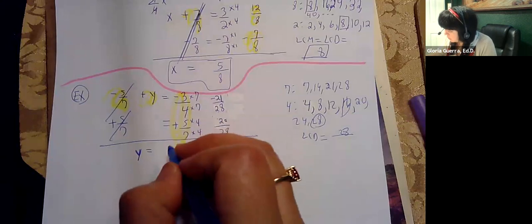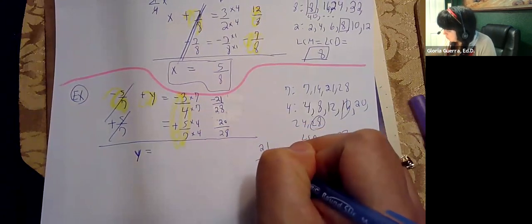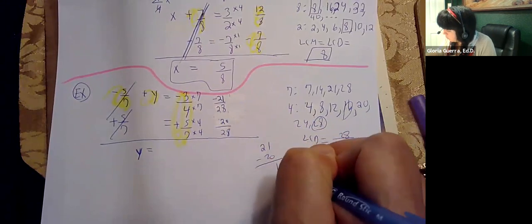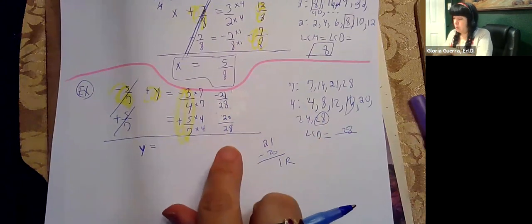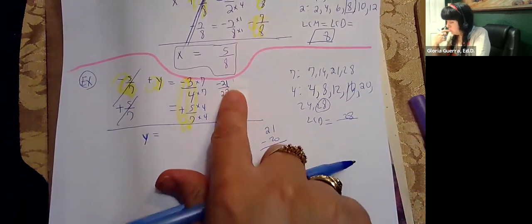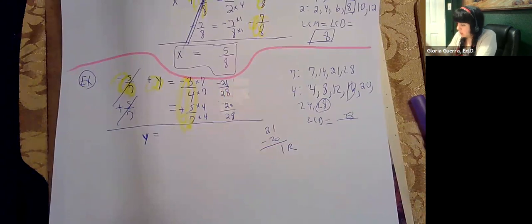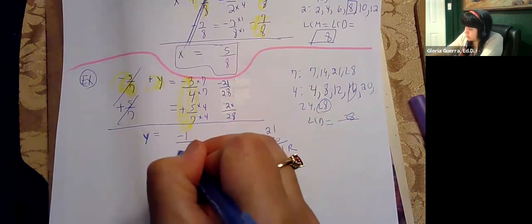That's going to be a negative. You're going to subtract 21 minus 20, or you work with negative 21 plus 20. Negative 21 plus 20 is a negative 1 over the denominator, which is 28.